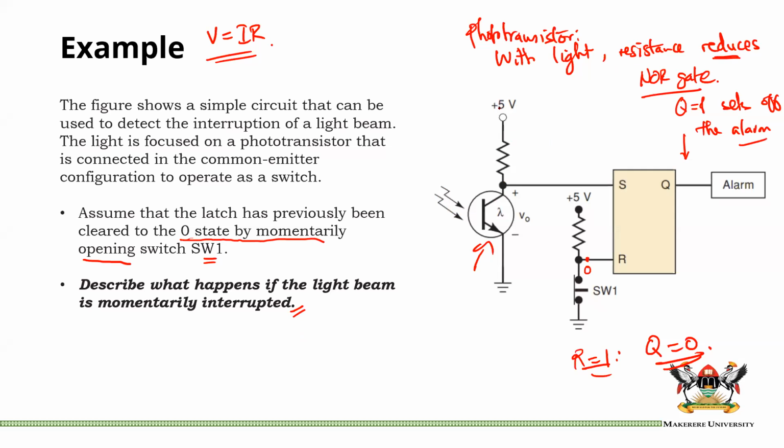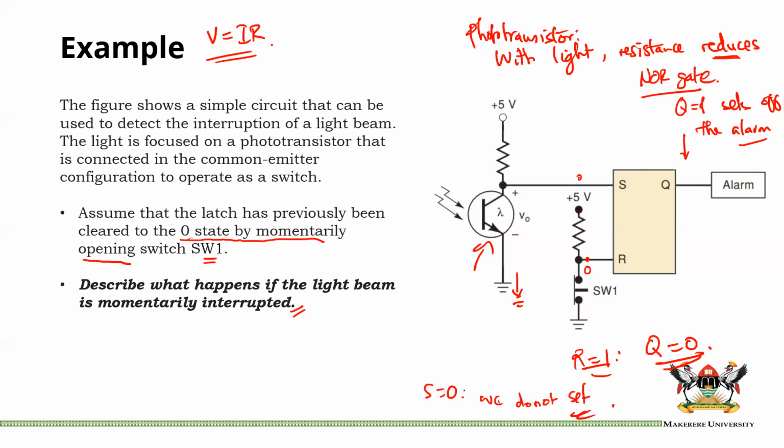So that means the signal flowing from up here is going through to the ground, meaning that this is a state 0. If there is no resistance on the phototransistor, that means essentially that S is connected to the ground. When S is 0, we do not set.